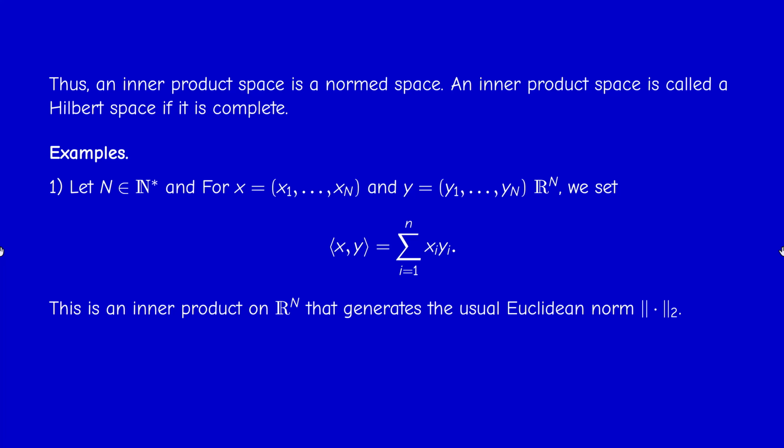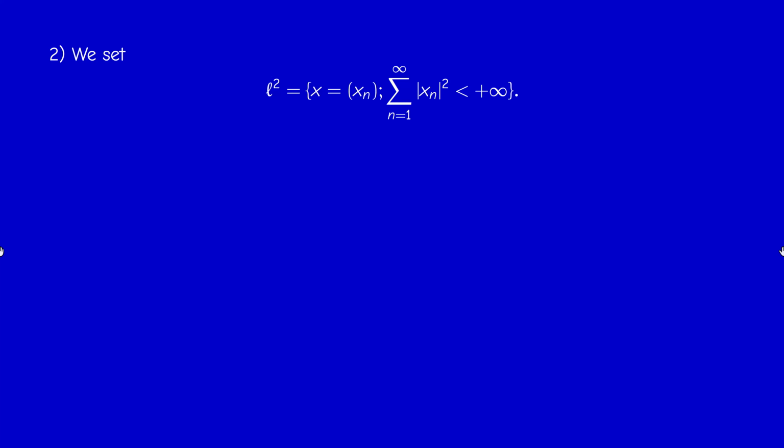Now, an example of an infinite dimensional Hilbert space is the L2 space of all sequences such that the series with general term each component squared is convergent. This is the famous L2 space.